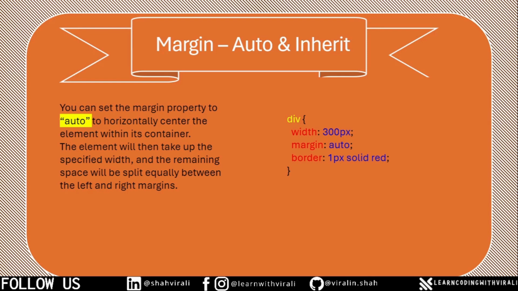As you can see on the right hand side, we have specified a div element with a width of 300 pixels. Margin is specified here as auto, and then there is a small border given here in the red color. So as we can use auto in terms of specifying the margins, we can also use the inherit property to take the margin values from the parent element.